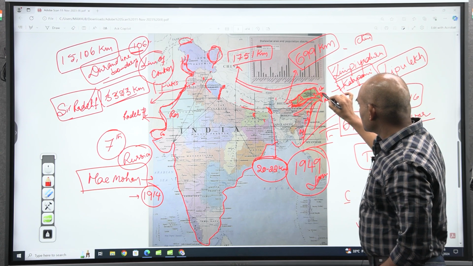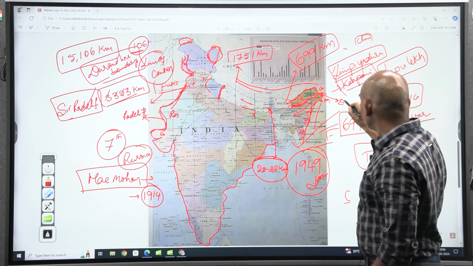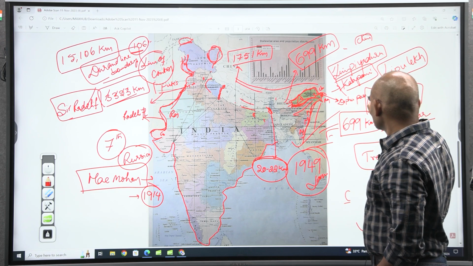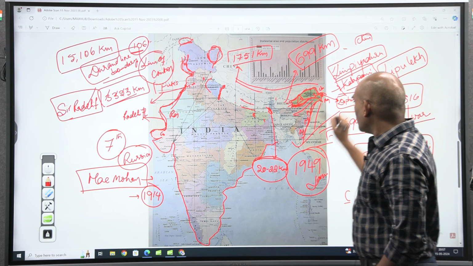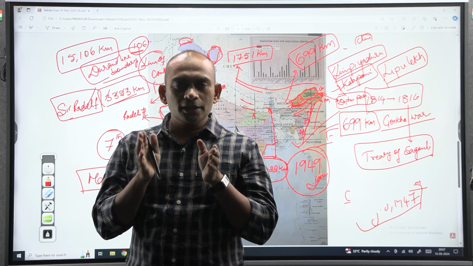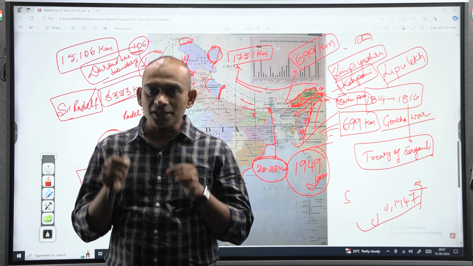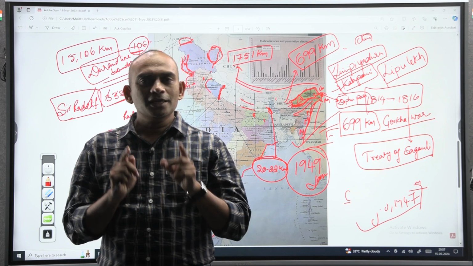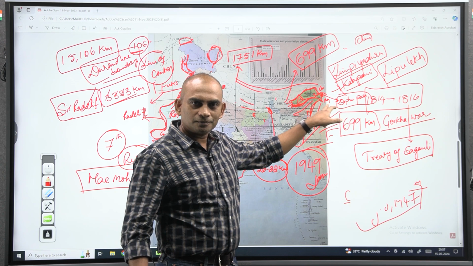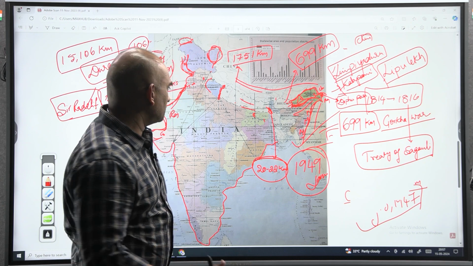This tri-junction is the one where we have the Diphu Pass. At Diphu Pass, three important countries are joining. That is a tri-junction of three countries: India, China and Myanmar. Okay, so that is the Diphu Pass tri-junction.